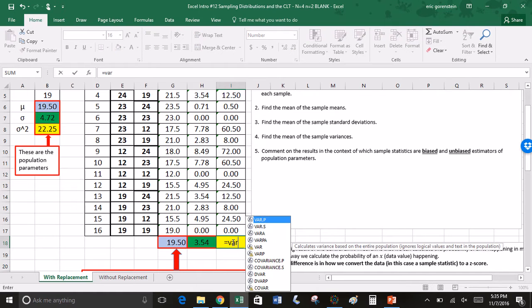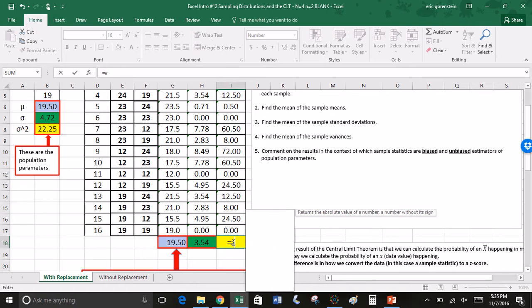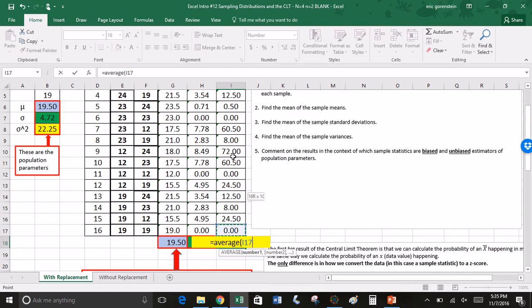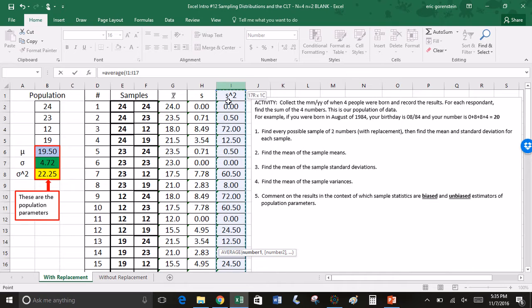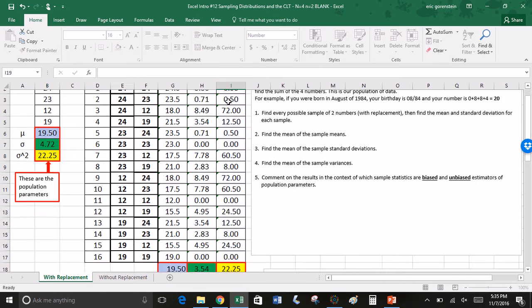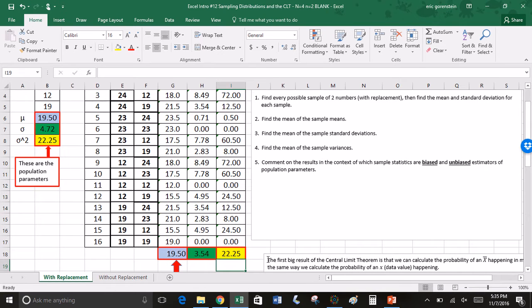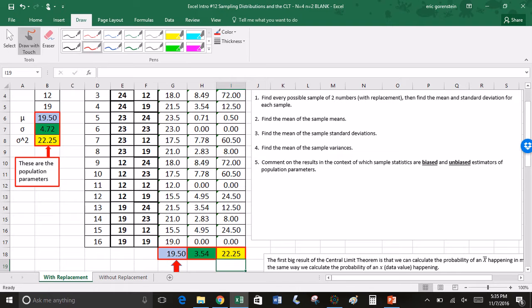Equal average of all of these variances. And we get 22.25. So you can see the means target the population mean, the variances target the population variance. So the mean and the variance are unbiased estimators.